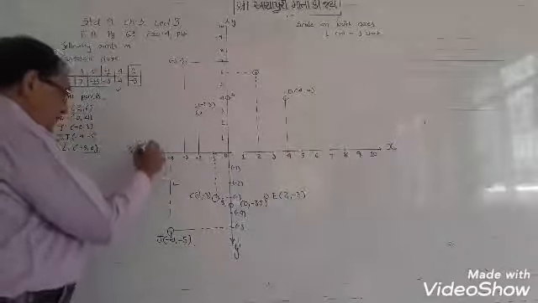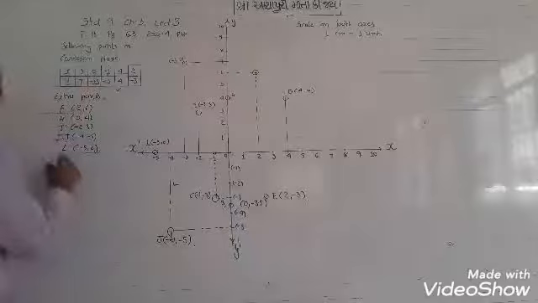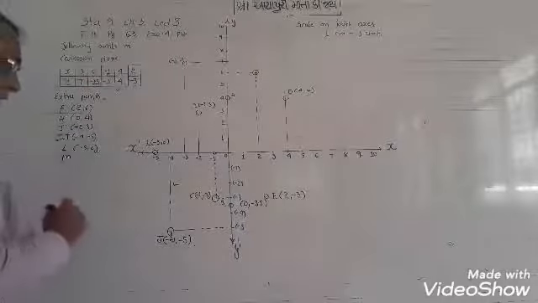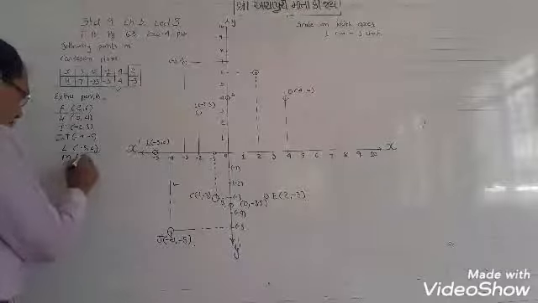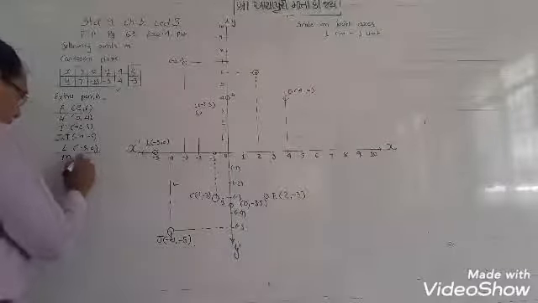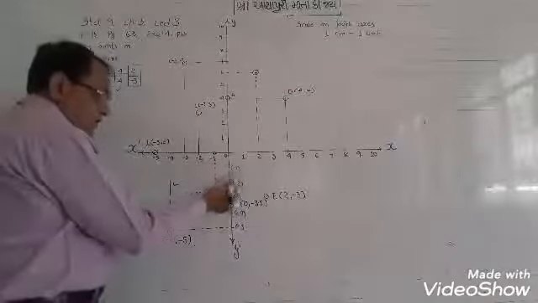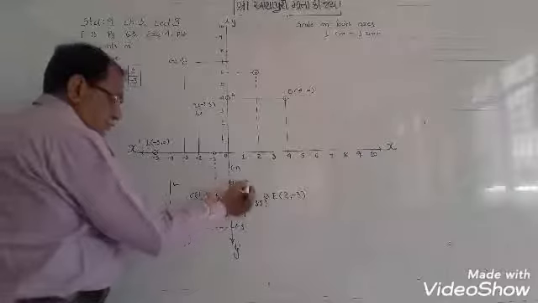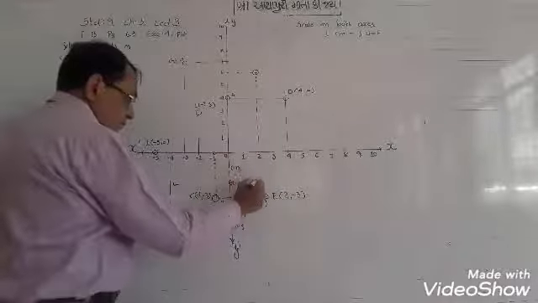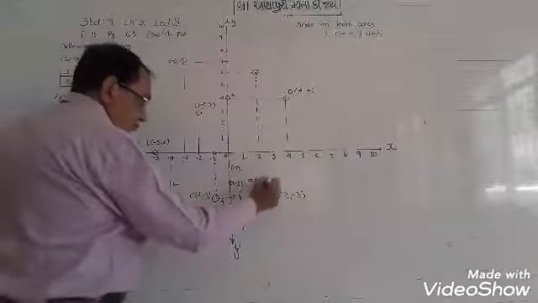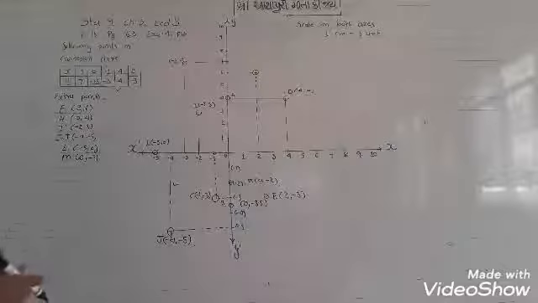So L is equal to -5, 0, and then 0, -2. Where is your 0, -2? That is 0, that is -2. Okay, 0, -2.